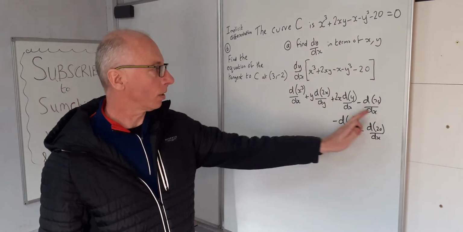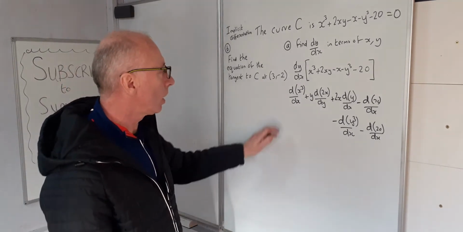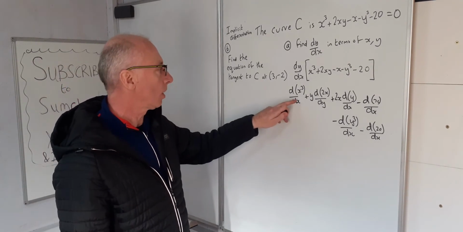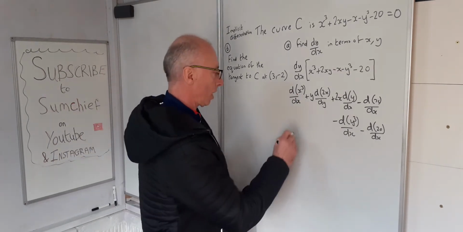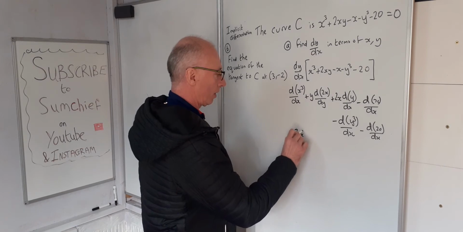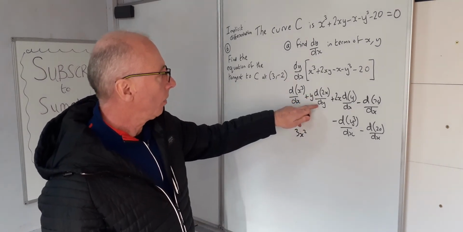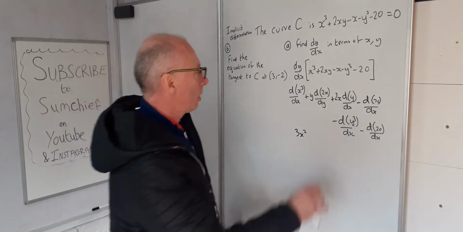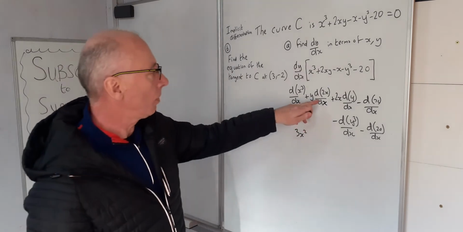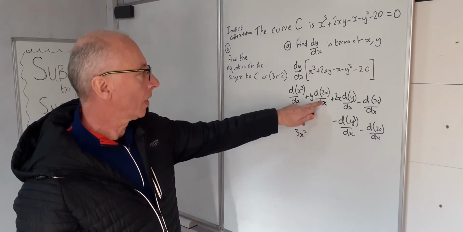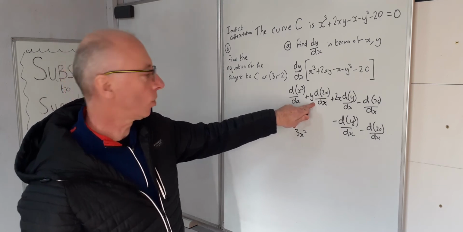Okay, that's our setup. Now we'll go through each one. The derivative of x cubed with respect to x is straightforward, that's just 3x squared. Sorry, this has got to be an x there, that's my mistake. The derivative of 2x with respect to x is just 2, but we've also got to multiply it by y, so that's 2y.